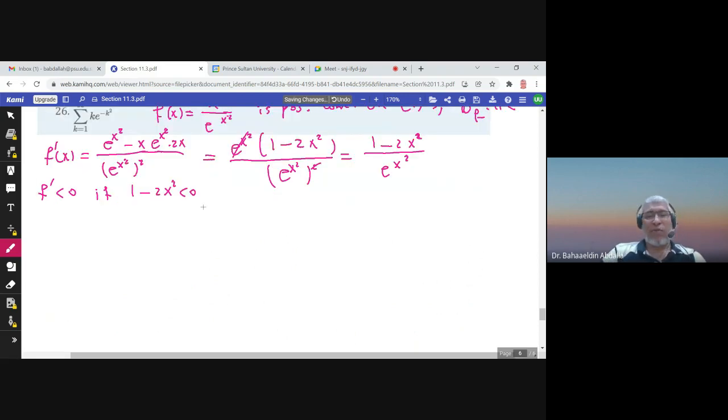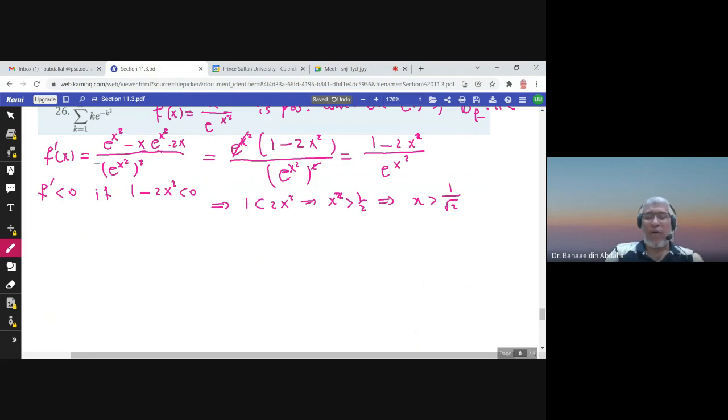So f prime would be less than 0 if 1 minus 2x squared is less than 0. I need f prime to be less than 0. Well, this means that 1 is less than 2x squared, or x squared is greater than half, which means x should be greater than 1 over square root of 2. Of course, we can talk about the negative numbers here, but the negative numbers are not there.